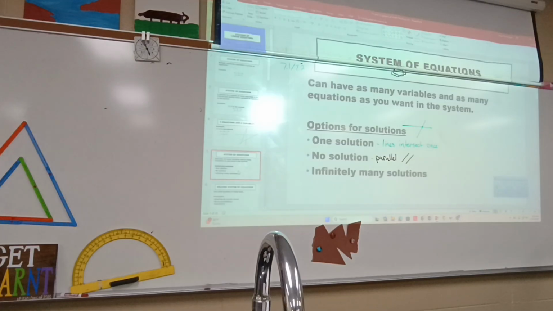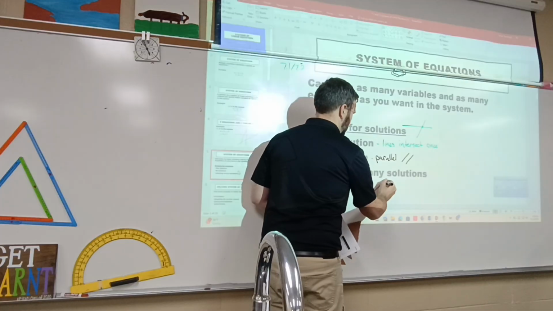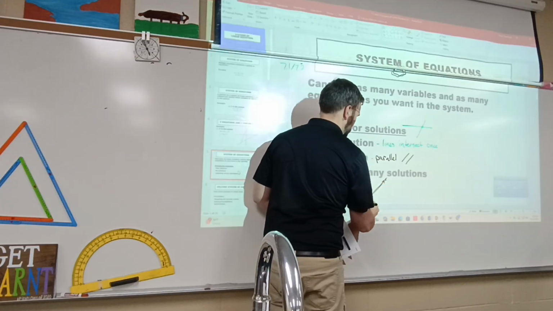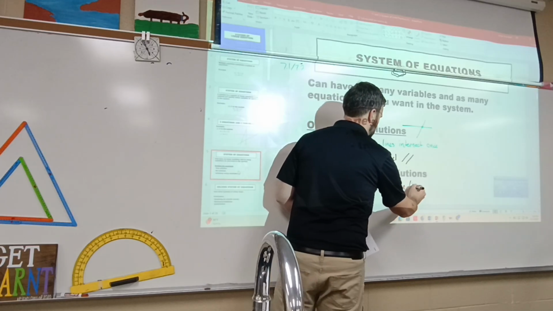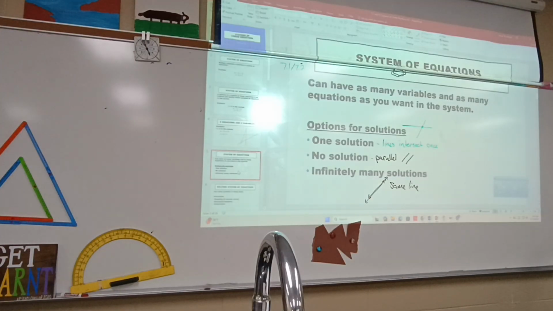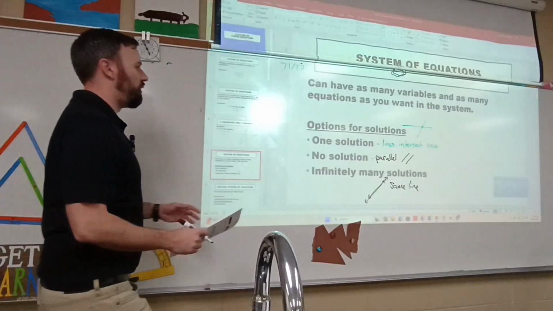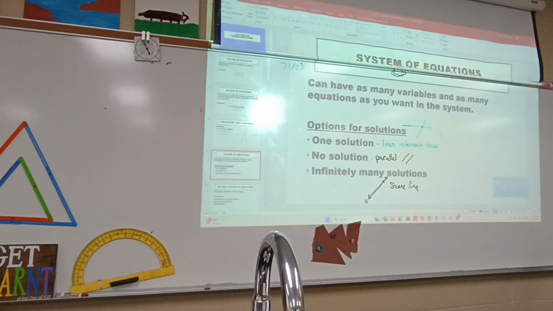And if there are infinitely many solutions, it means they are the same line. When you graph them, they just graph on top of each other. So those are the three options we're going to see in this section. We can have one solution, no solutions, all the solutions.